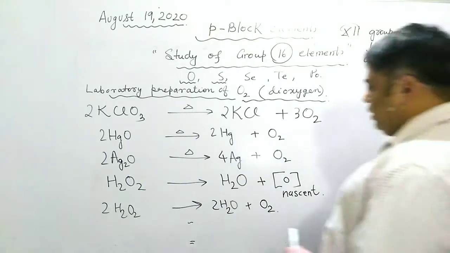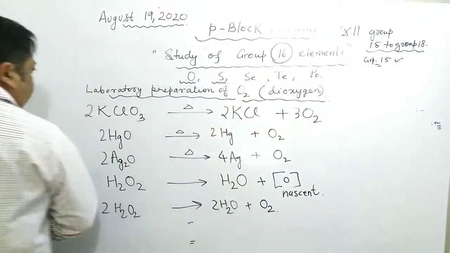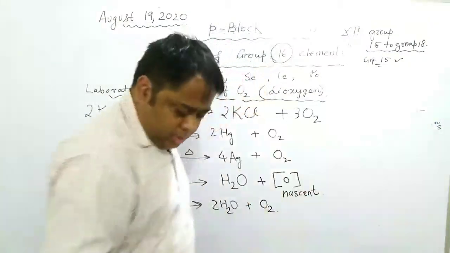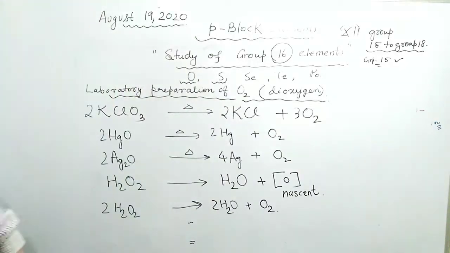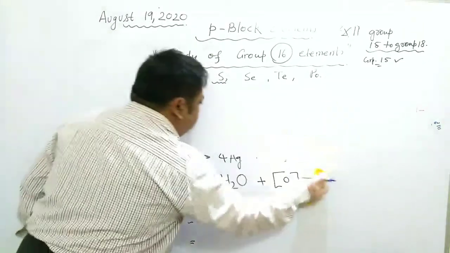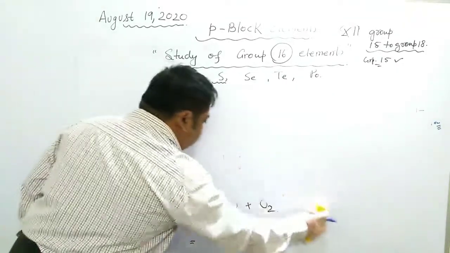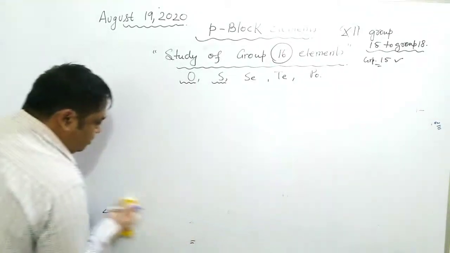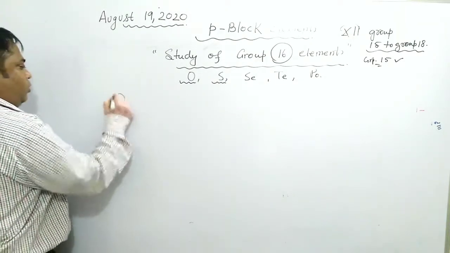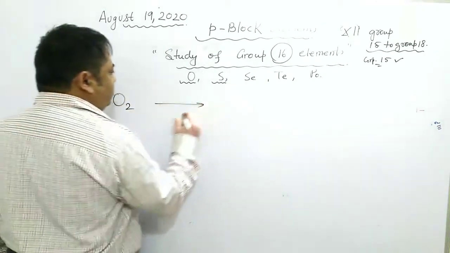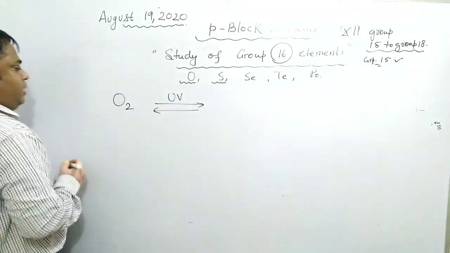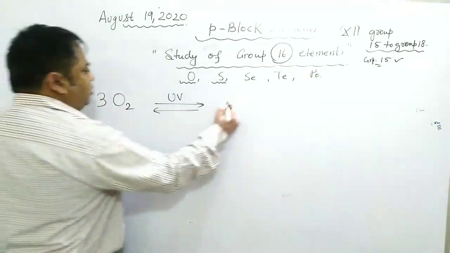Preparation of ozone is done by this: if O2 is treated with UV ray, then it undergoes a reversible reaction and forms 2O3.